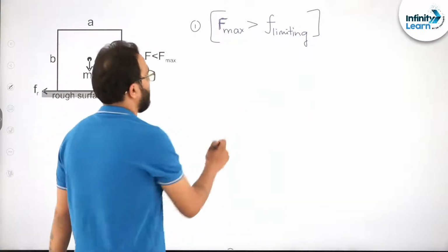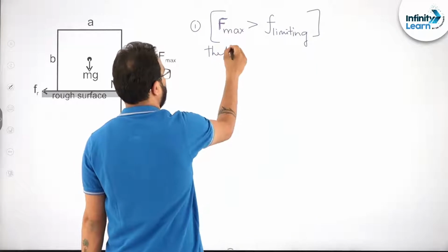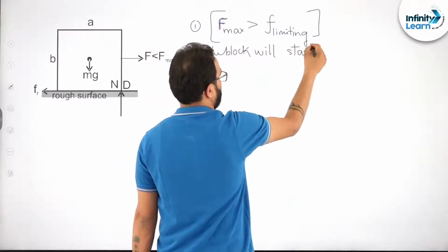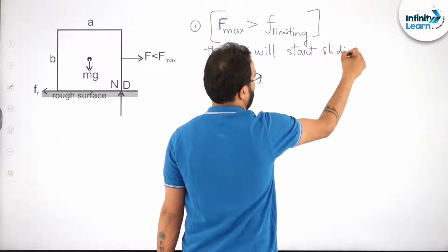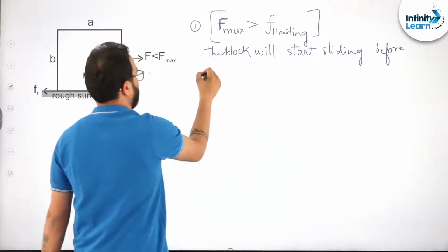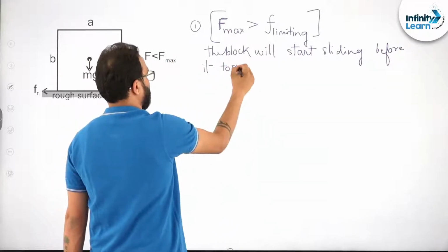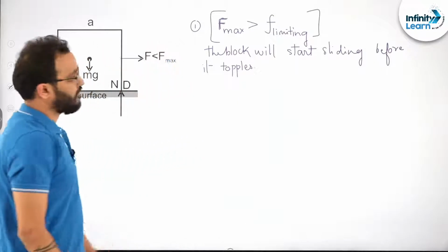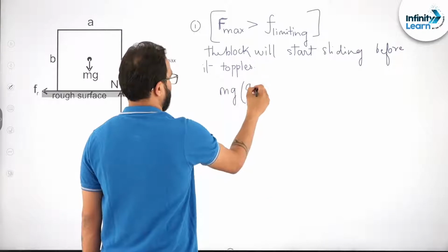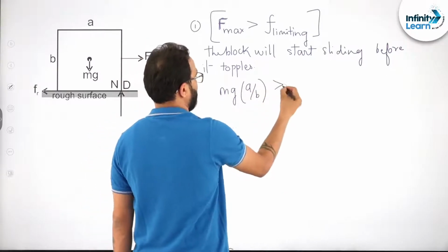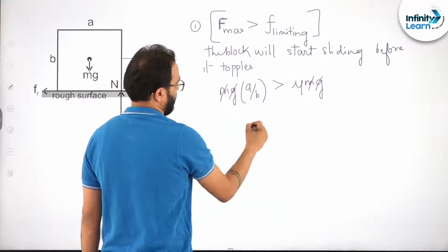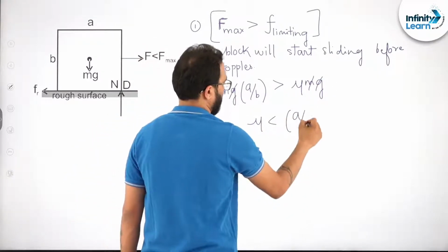The block will start sliding before it topples. Do you understand this situation? So what is F max? mg into a by b greater than mu mg. Okay, so mu is less than a by b.